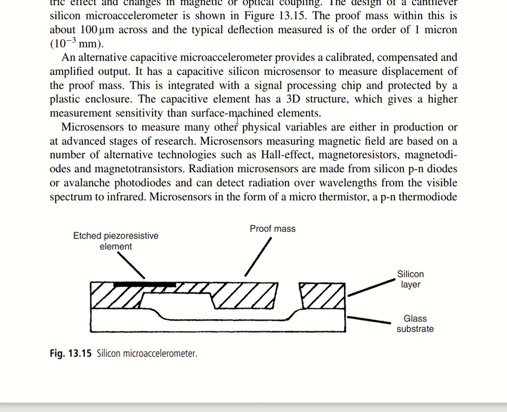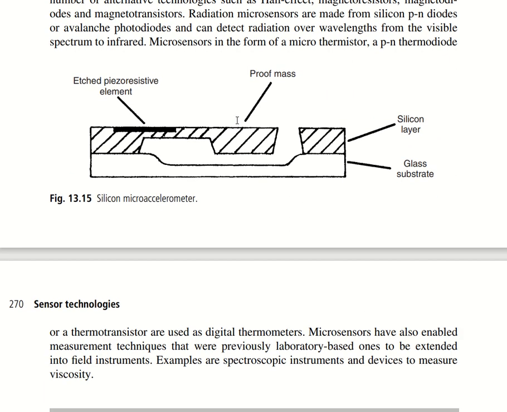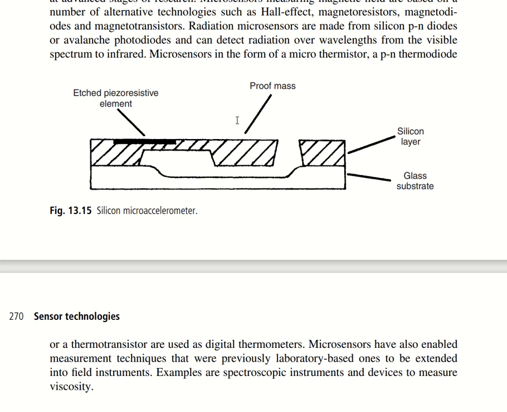Then we have microsensors in the form of microthermistors, PN thermodiodes, or thermotransistors, which are used as digital thermometers these days, and which we are going to discuss in detail in upcoming lectures.